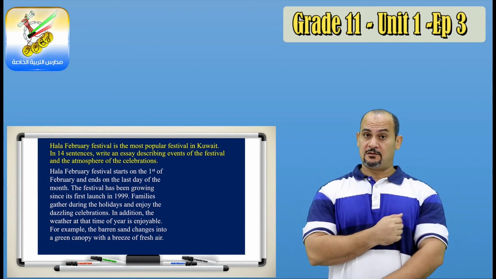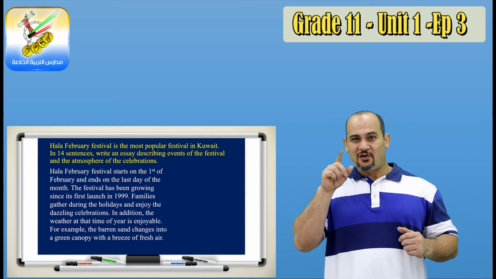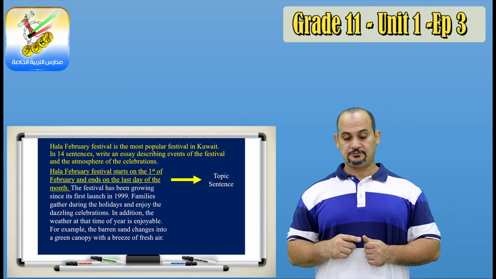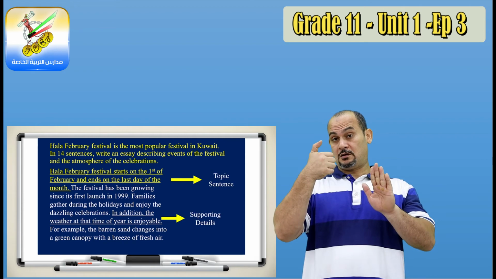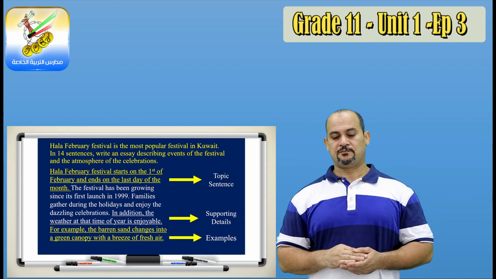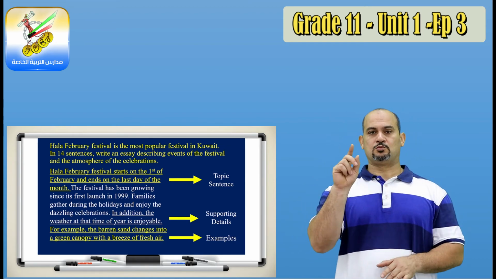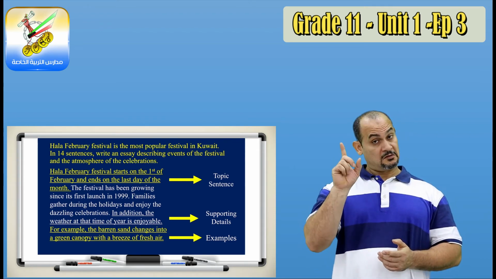For example, the barren sand changed into a green canopy with a breeze of fresh air. Let's break it down together. Here's the topic sentence, and this is the supporting details, plus we mentioned the examples. If these 3 elements exist in your paragraph, then you will make sure you will get a good grade.